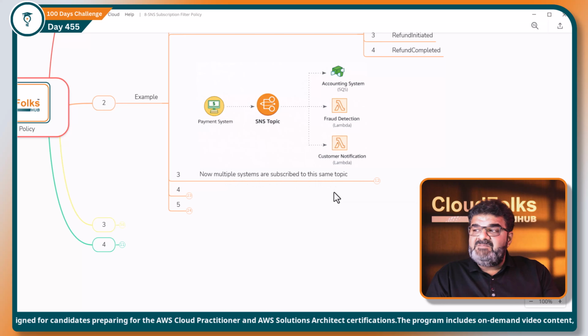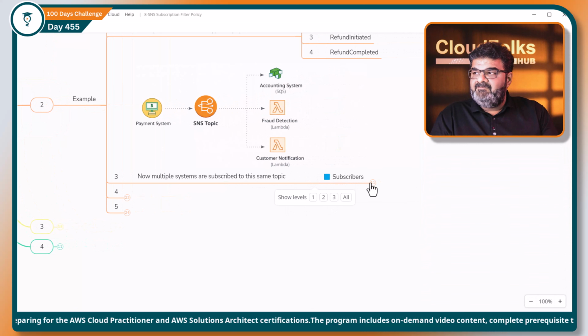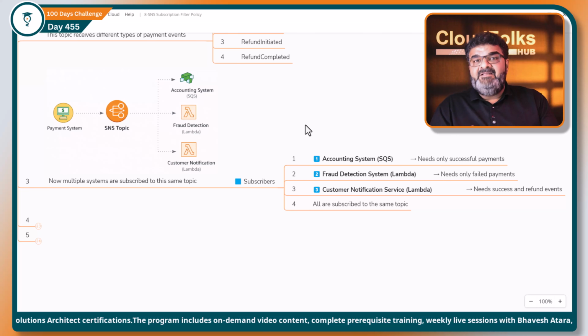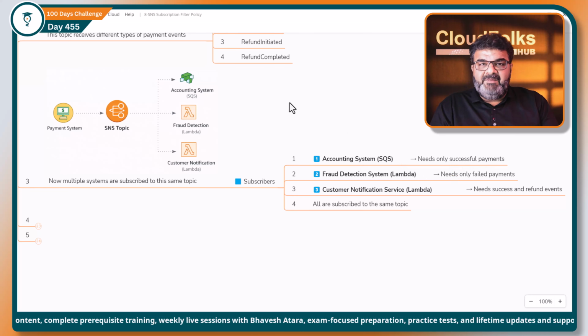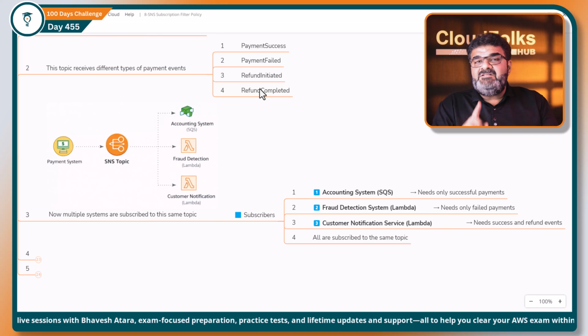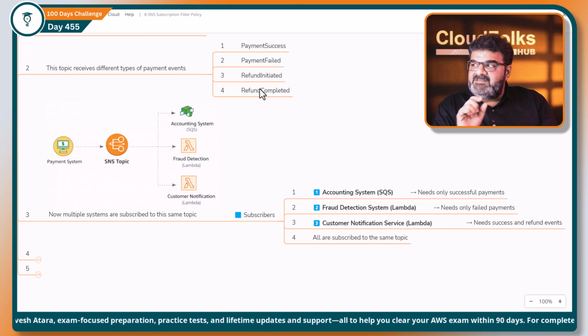Now multiple systems are subscribed to the same topic, but subscribers need specific messages. For example, the account system needs only successful payments. Here the publisher is sending 4 messages, but the account system's requirement is only 1 message, which is payment successful.